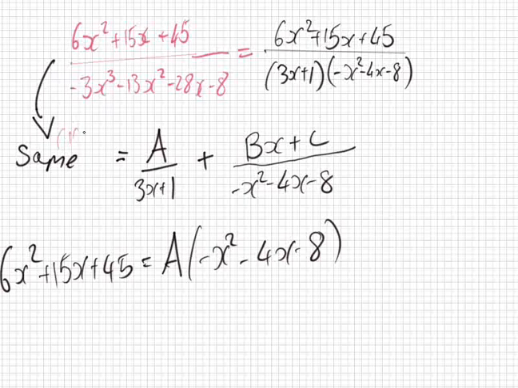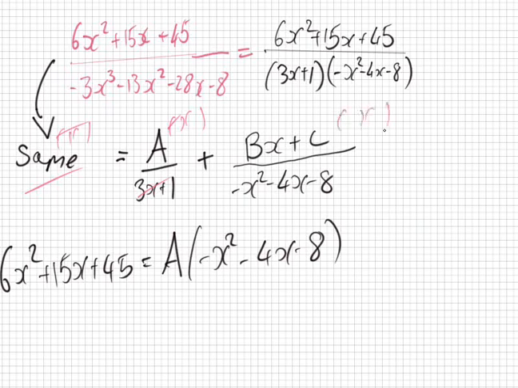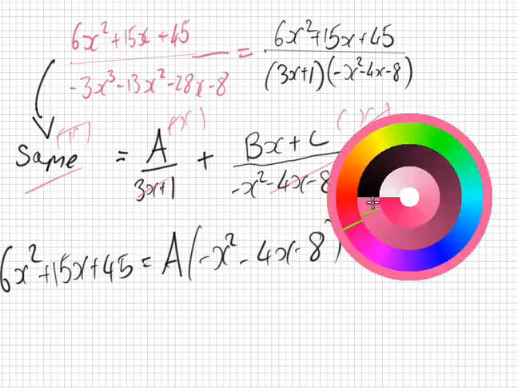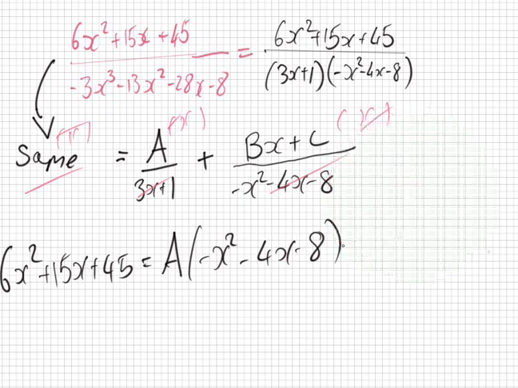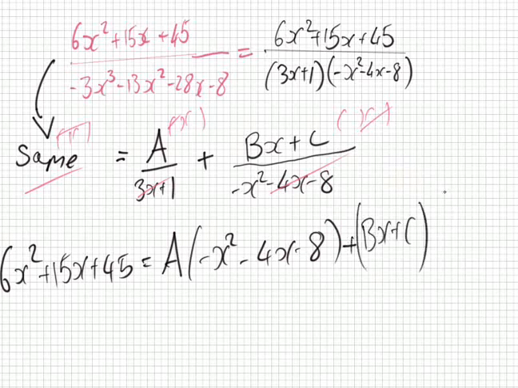So I have two brackets and then they cancel. I have two brackets and then the first cancels the first. Then I have my two brackets, the second cancels the second. Okay, so I'm left with here plus bx plus c times 3x plus 1.